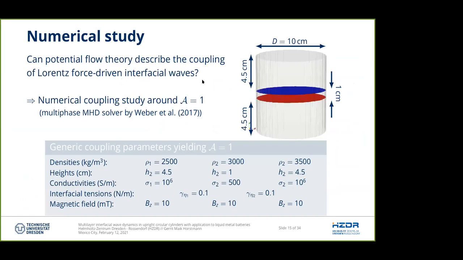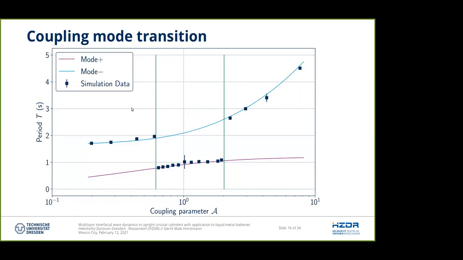So I performed a numerical study where I used the multi-phase MHD solver mainly developed by Norbert Weber, which essentially solves all the important governing equations, so the induction equations, Maxwell equations, and Navier-Stokes equation. And I defined a coupling study around the state of perfect coupling and varied some parameters to vary the coupling parameter. And I found the following result.